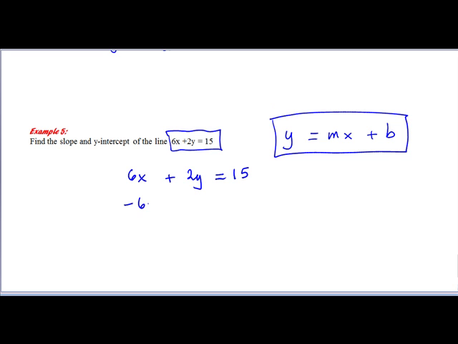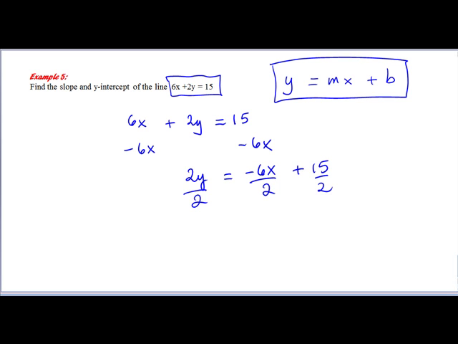So to solve for y, I subtract 6x from both sides. I have 2y equals minus 6x plus 15. Now divide by 2. The 2 cancels out. I have y equals minus 3x plus 15 over 2.